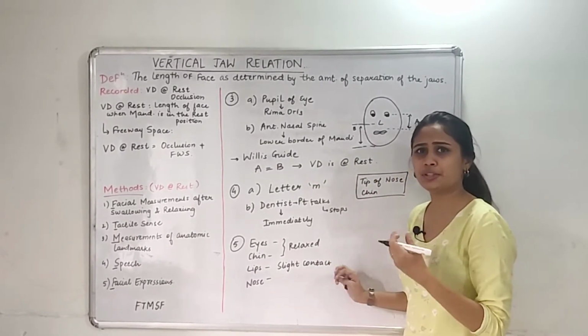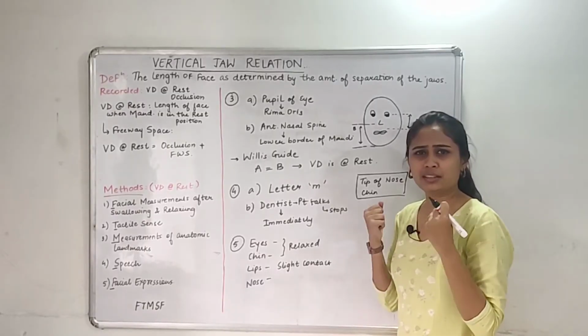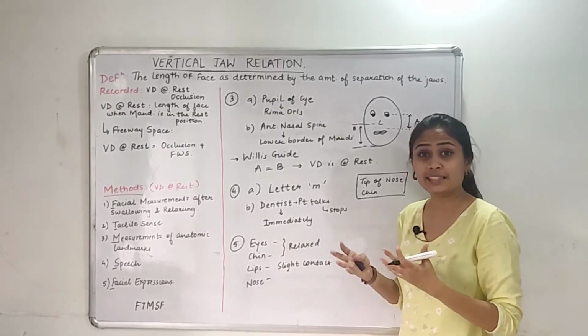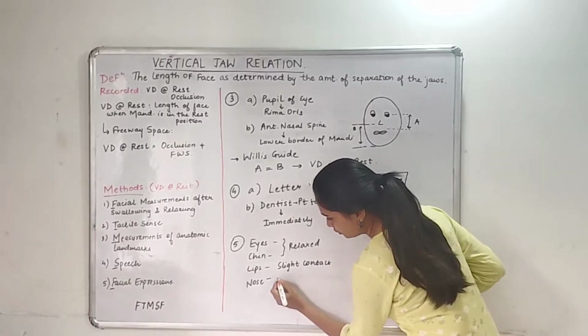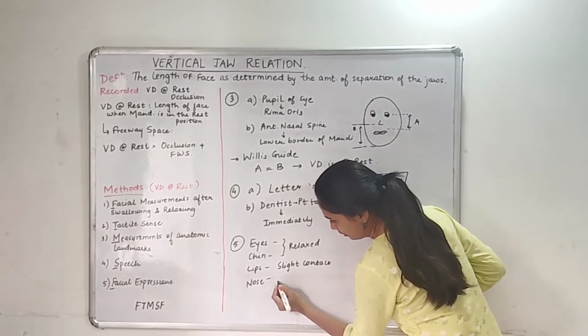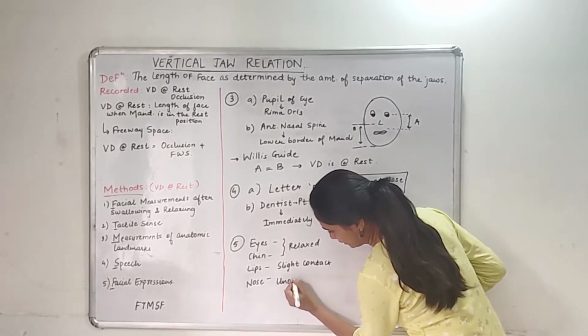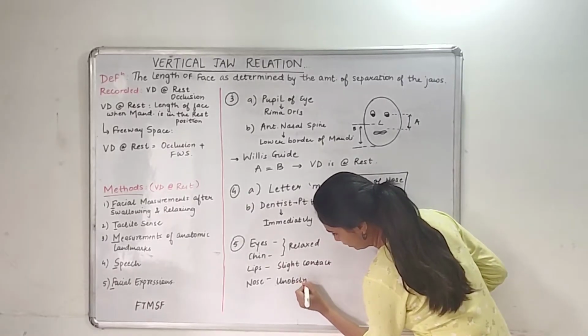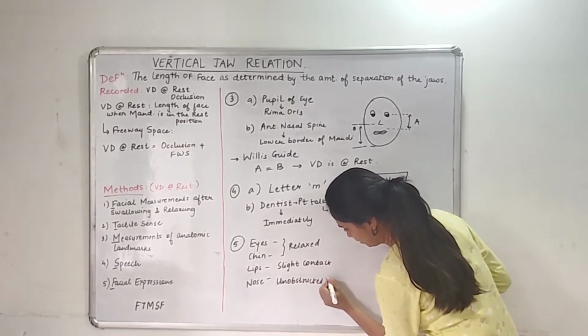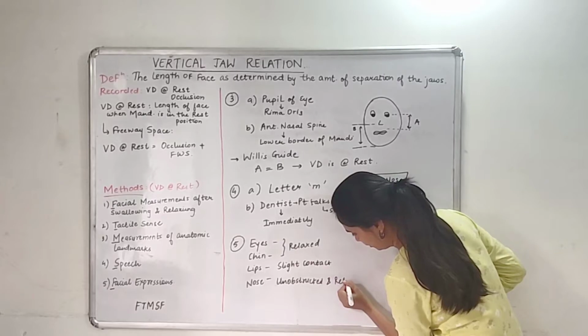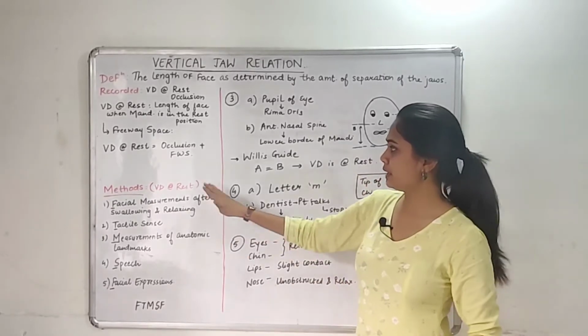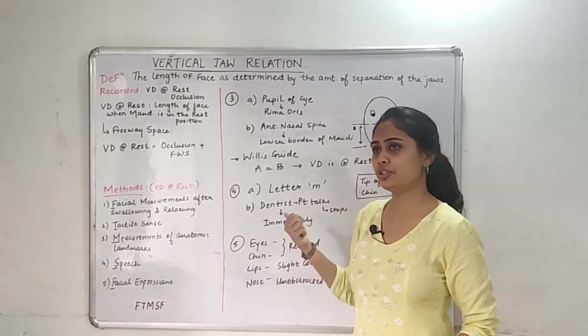It should be relaxed. The patient should not be in a clenched position or a tense position. So here the nose should be unobstructed and relaxed. So these are basically the last three methods with which we can record the vertical dimension at rest.